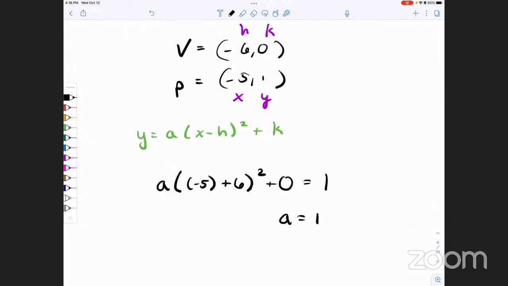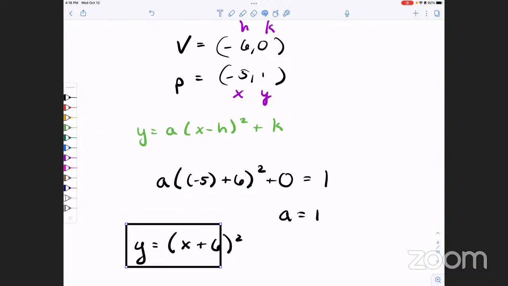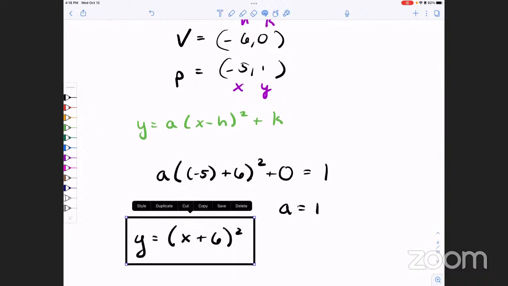So then we get y equals x + 6 squared, and I think that's it, because the k is 0, all right? So let's copy, okay.